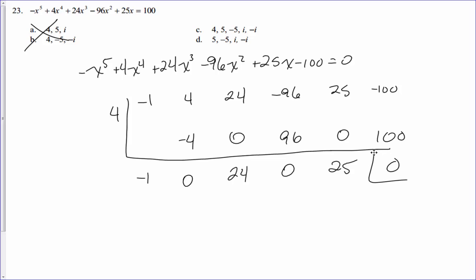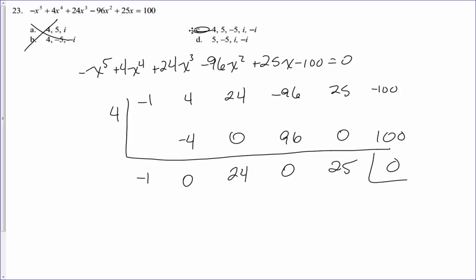Since our remainder is 0, that means 4 does in fact work, so our answer will have to be C: 4, negative 5, 5, i, and negative i. If 4 hadn't worked, it would have automatically been D. Okay, and then the 5 or the negative 5 would have just been a double root.